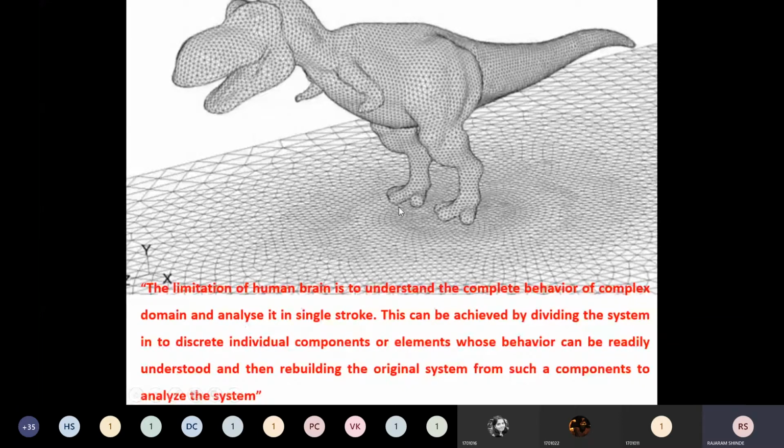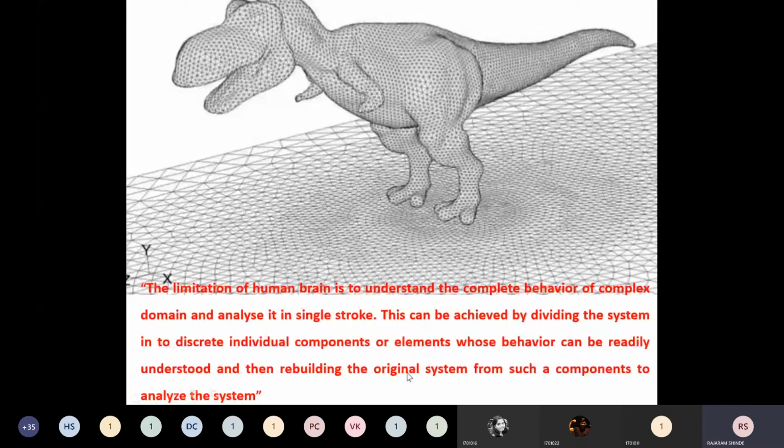That means we have limitations to understand the complete behavior. Behavior means how that structure, how that complex domain, is behaving under the application of external force, or any external action. That means we cannot predict or analyze that in a single stroke.